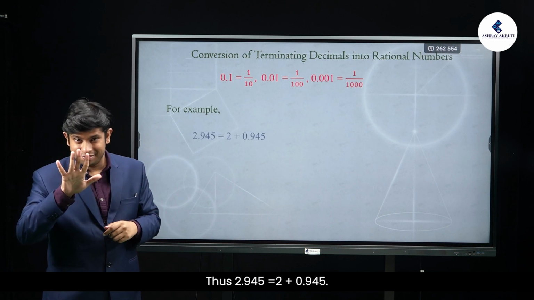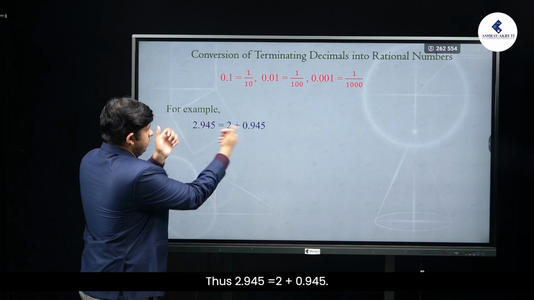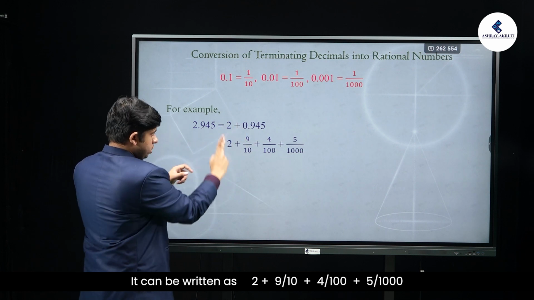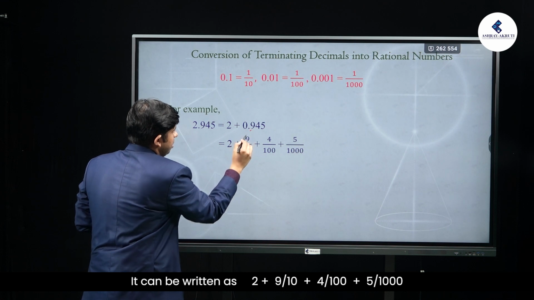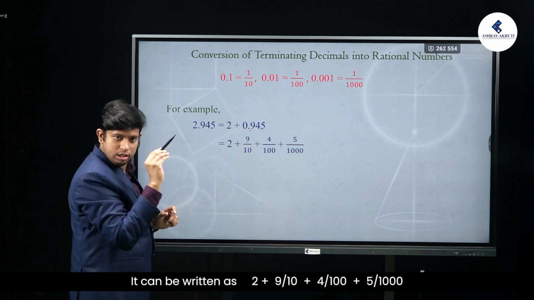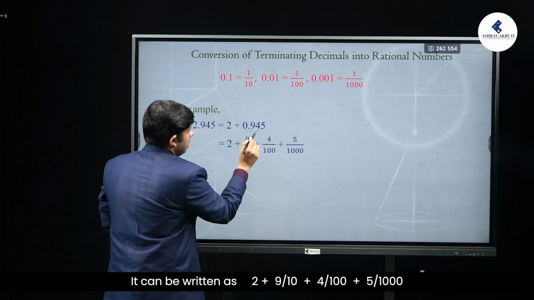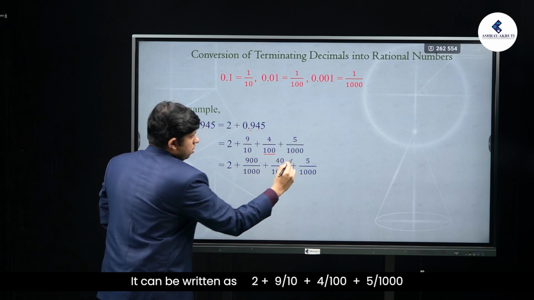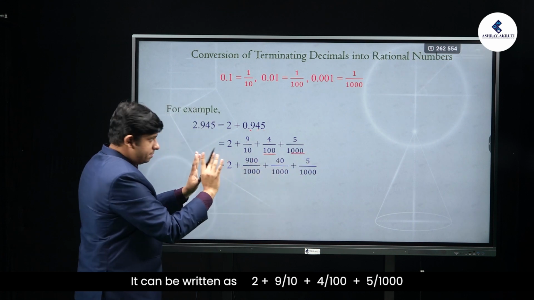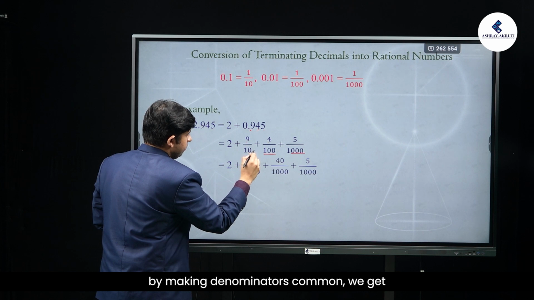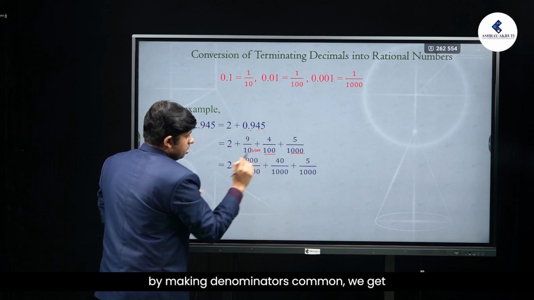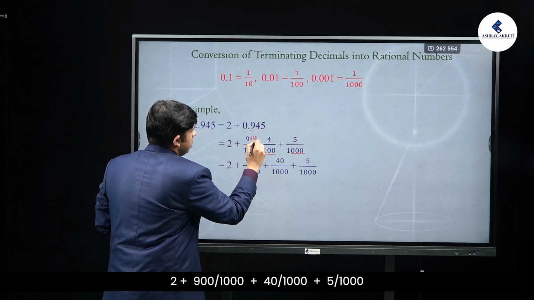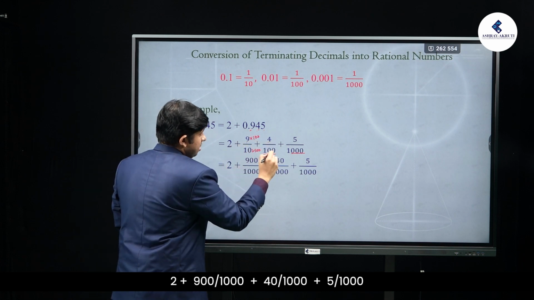Thus, 2.945 is equal to 2 plus 0.945. It can be written as 2 plus 9 by 10 plus 4 by 100 plus 5 by 1000. By making denominators common, we get 2 plus 900 by 1000 plus 40 by 1000 plus 5 by 1000.